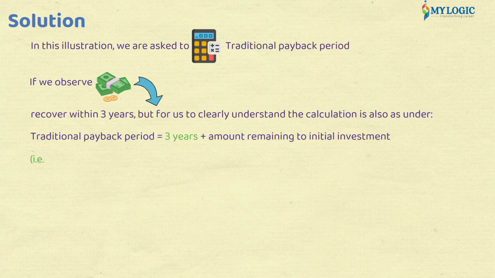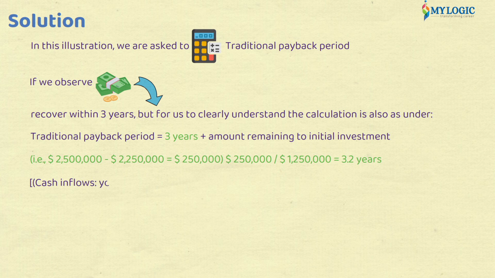That is, $2,500,000 minus $2,250,000 is equal to $250,000, divided by $1,250,000, is equal to 3.2 years. Cash inflows: Year 1 $500,000 plus Year 2 $750,000 plus Year 3 $1 million is equal to $2,250,000.